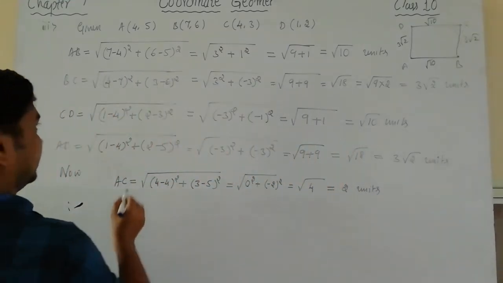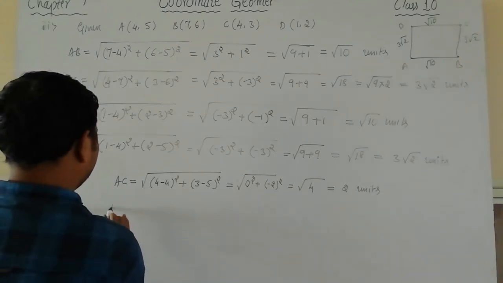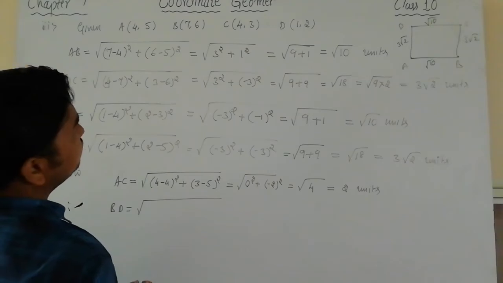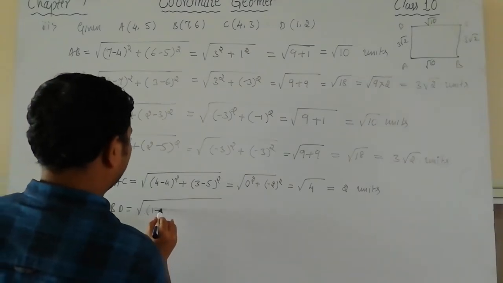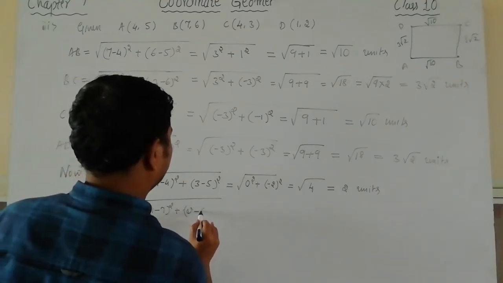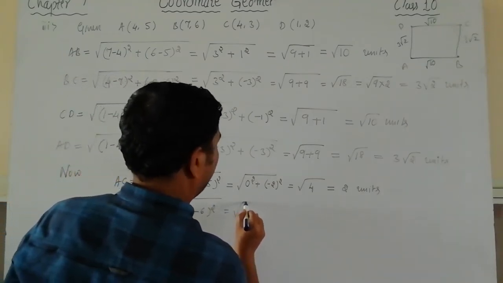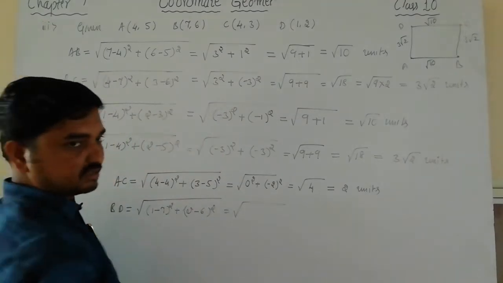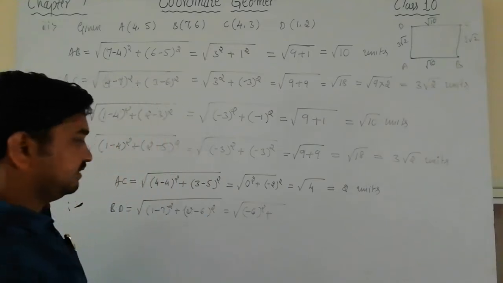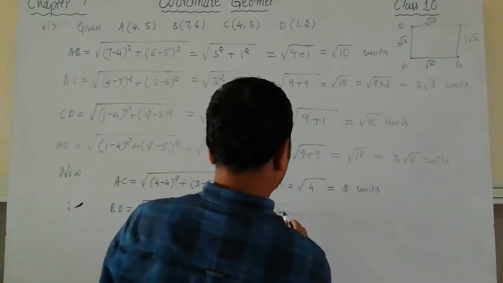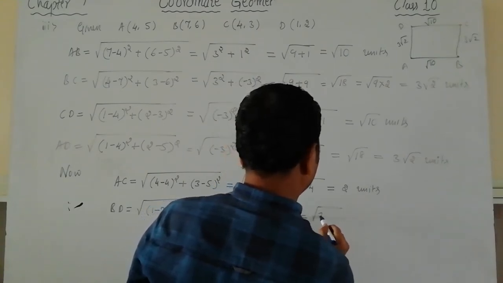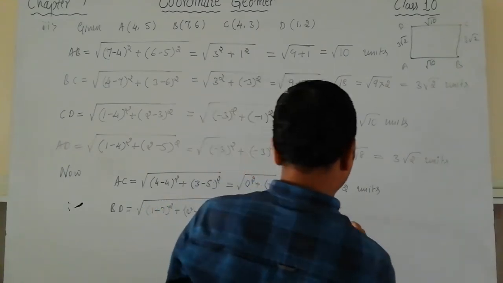And the next thing, AC is over, another diagonal is BD. So BD is equal to square root of (1 minus 7) whole square, and then plus (2 minus 6) whole square, which is equal to square root of 1 minus 7 means minus 6 whole square, and then plus 2 minus 6 means minus 4 whole square, which is equal to square root of 6 square means 36 plus 4 square means 16.